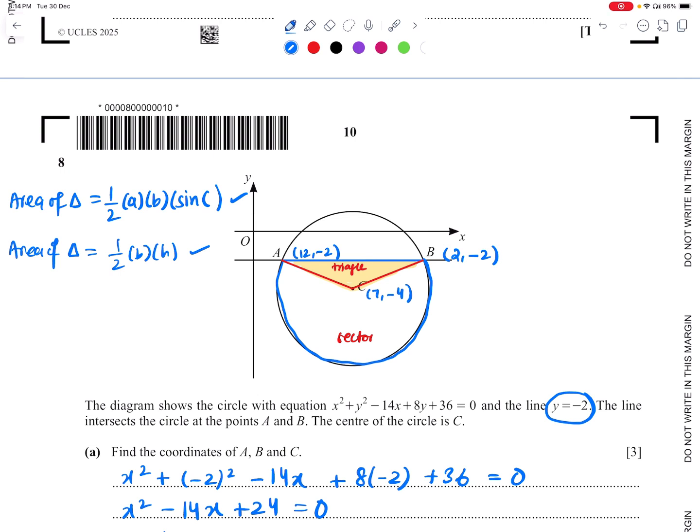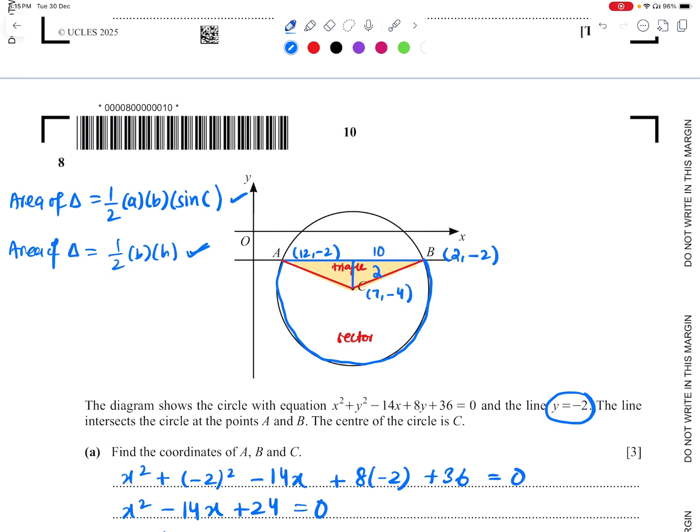Yeah, I think actually it's more feasible in this case to use this formula because we know that the height is going to be 2 and the base over here is going to be 10.